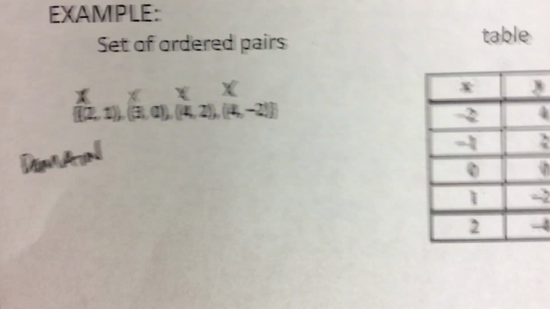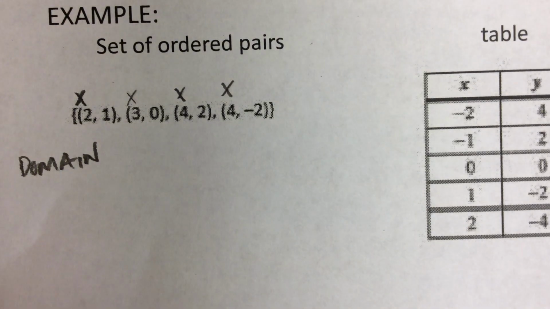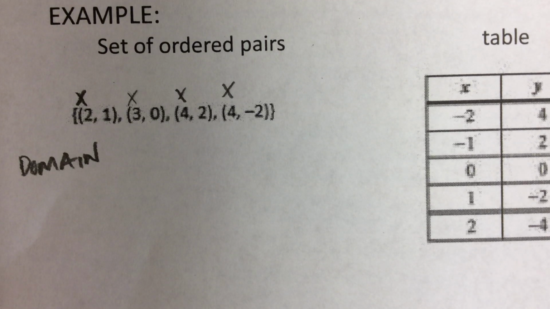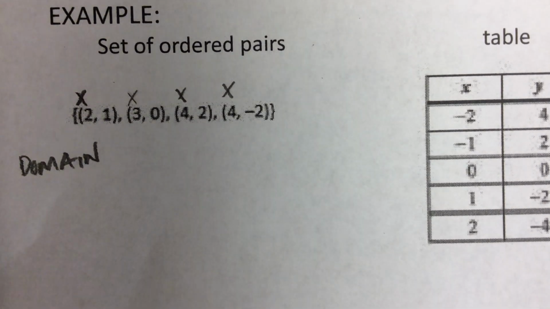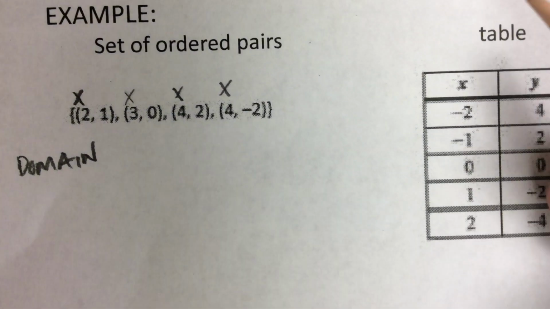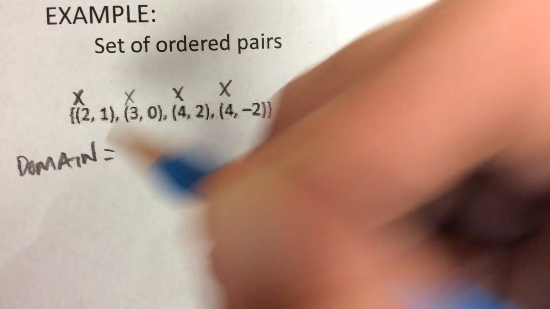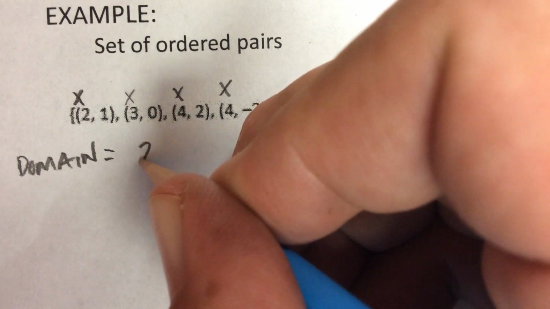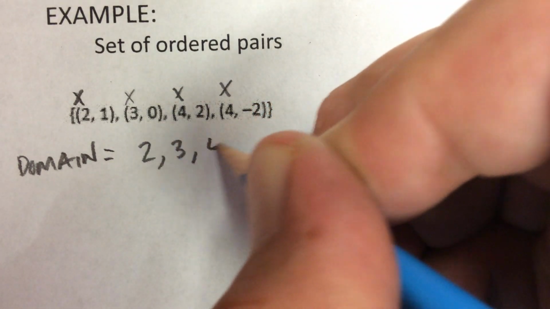Since the 4 repeats, I don't need to write it down twice. I only need to write it down once, because it doesn't matter how many 4s there are. Writing it down once tells me that there's a 4 in the domain. That 4 can be an x number. It doesn't mean that it's only an x number once, just that it's one of the x numbers. So for my domain, I could write that it's 2, 3, and 4.